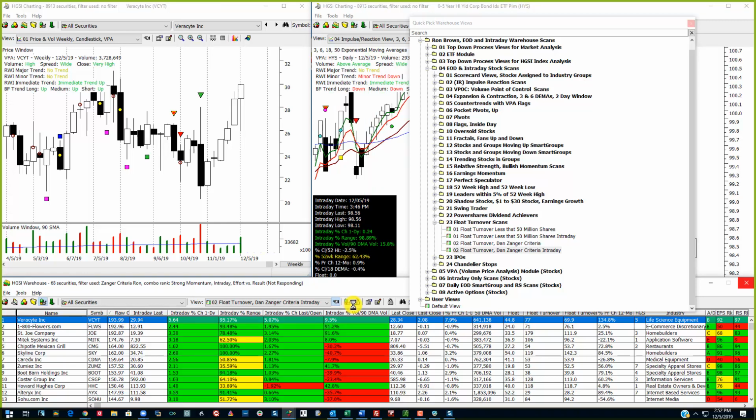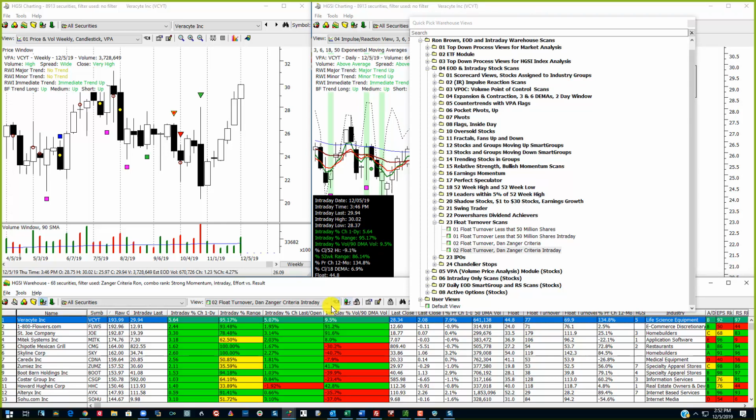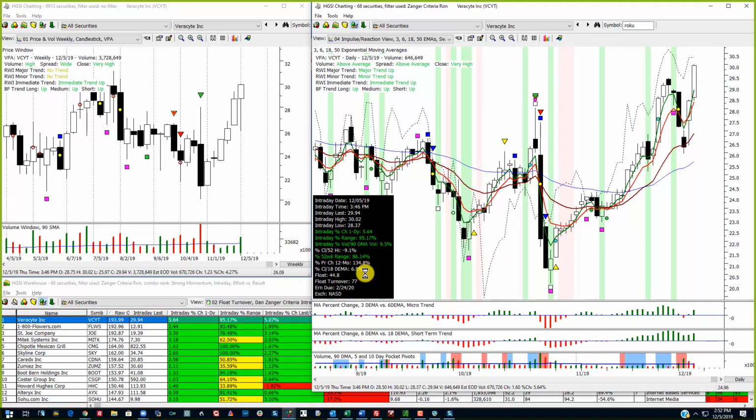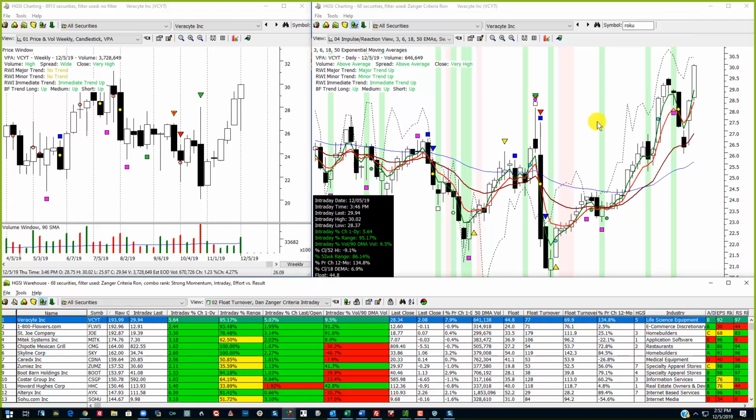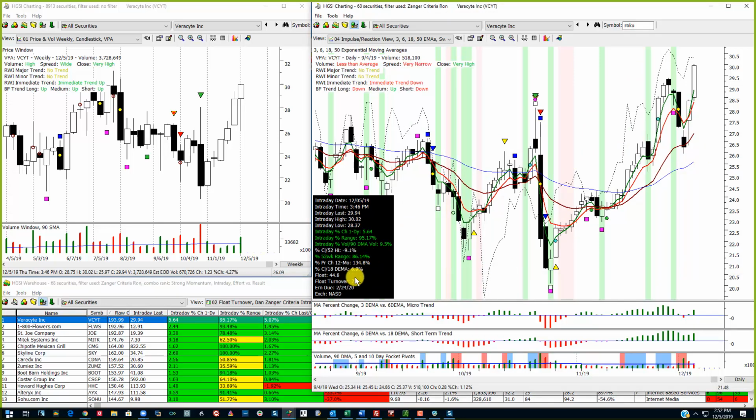I haven't used this for quite a while. Okay. Float 44.8. I was looking at the wrong thing, I guess, or a different chart. Here's his float, and the float turnover is 77 days on here. So that fits within the filter criteria under 70 million.